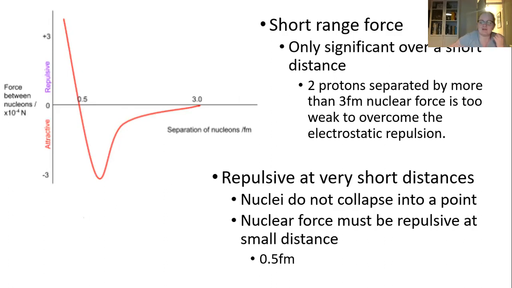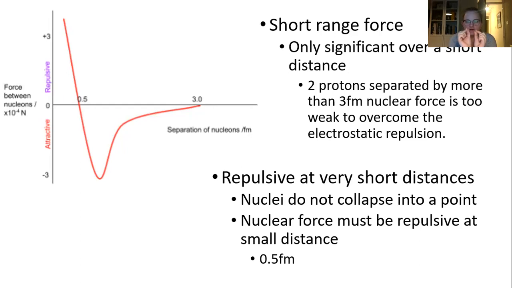But it's also repulsive at very short distances. Whilst we're saying it's attractive and keeps everything together, we go back to the idea from quantum theory that a whole atom should collapse in on itself, with the pull from the electrons to the protons pulling it in. And if we had only an attractive force in our nucleus keeping all those protons together and counteracting the repulsion, it would actually cave in on itself and collapse into a point.